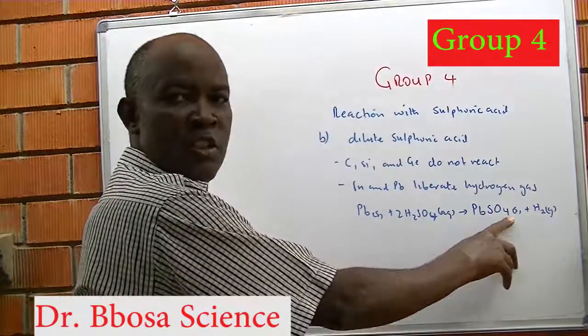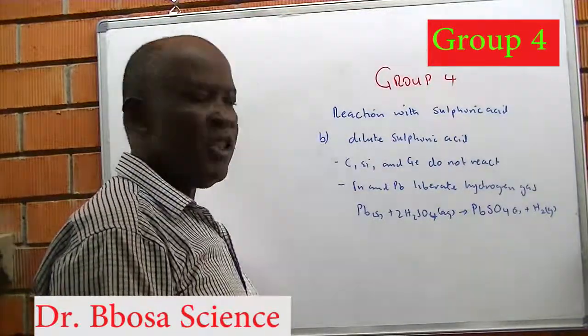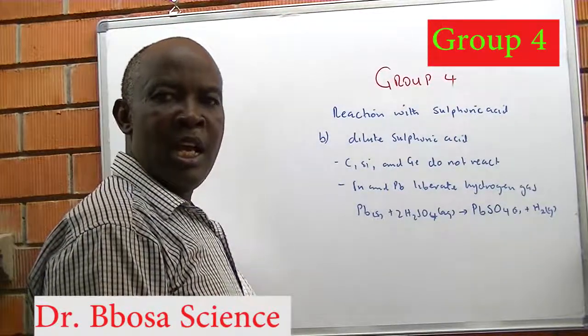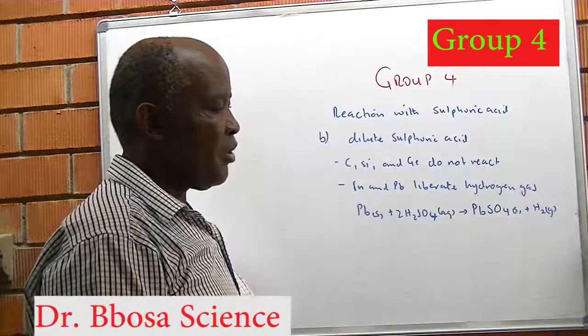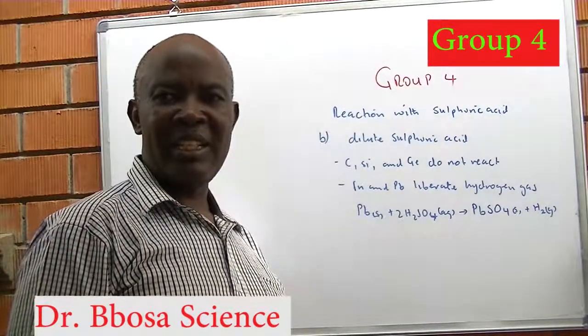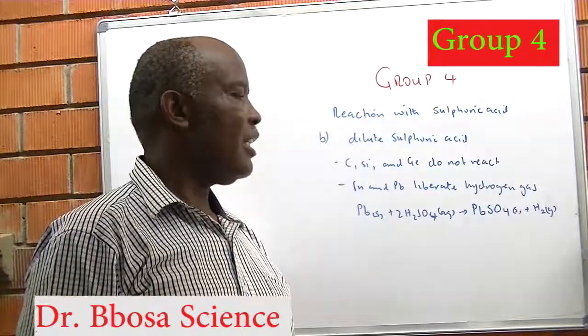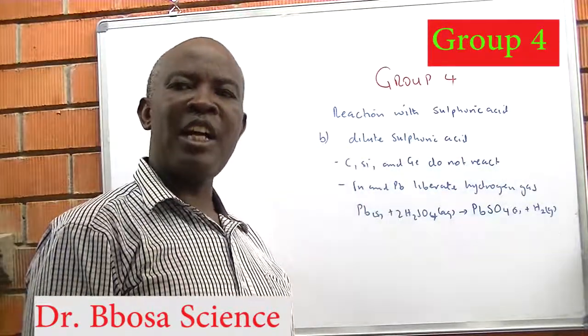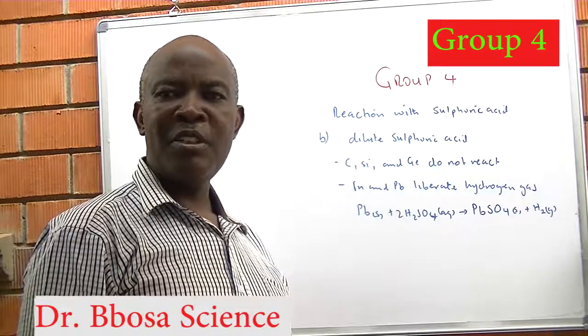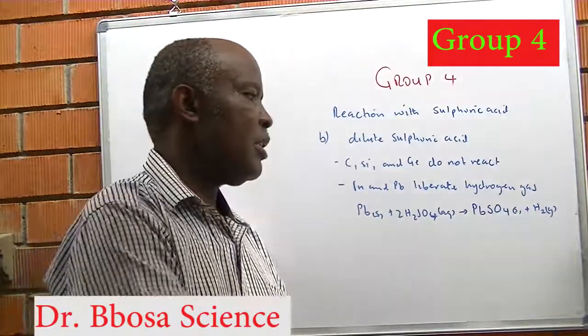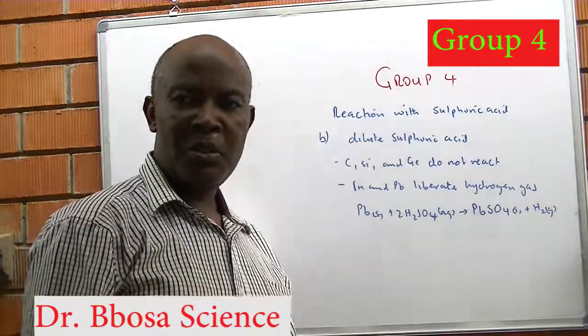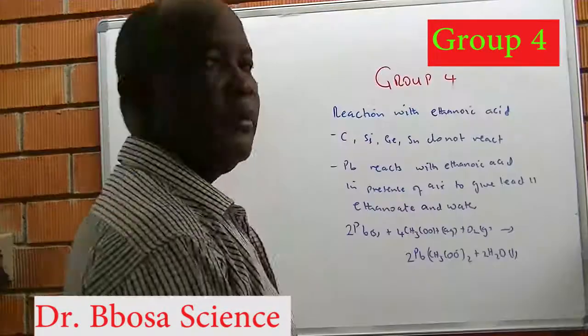Lead sulfate is insoluble, so the formation of insoluble lead sulfate limits the extent of the reaction. Some books may then say lead does not react with sulfuric acid because the reaction only occurs for a few seconds and stops due to formation of lead(II) sulfate.